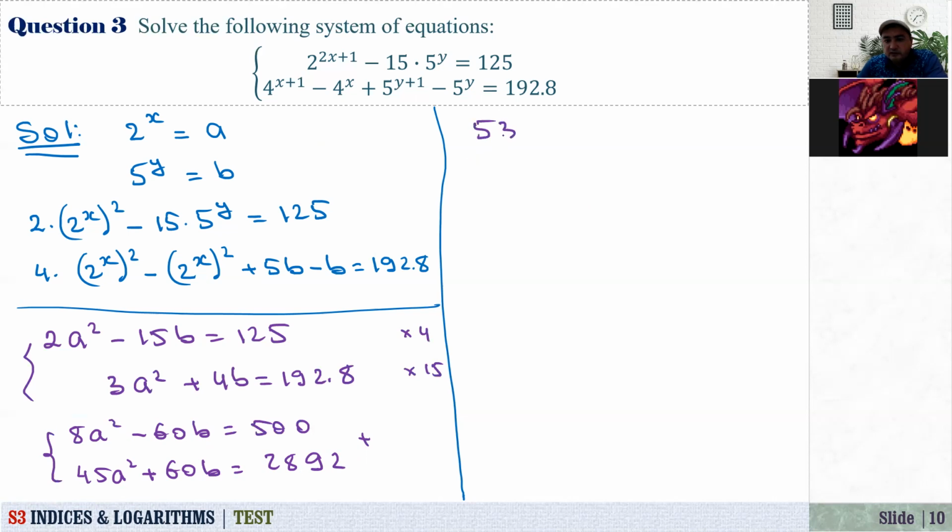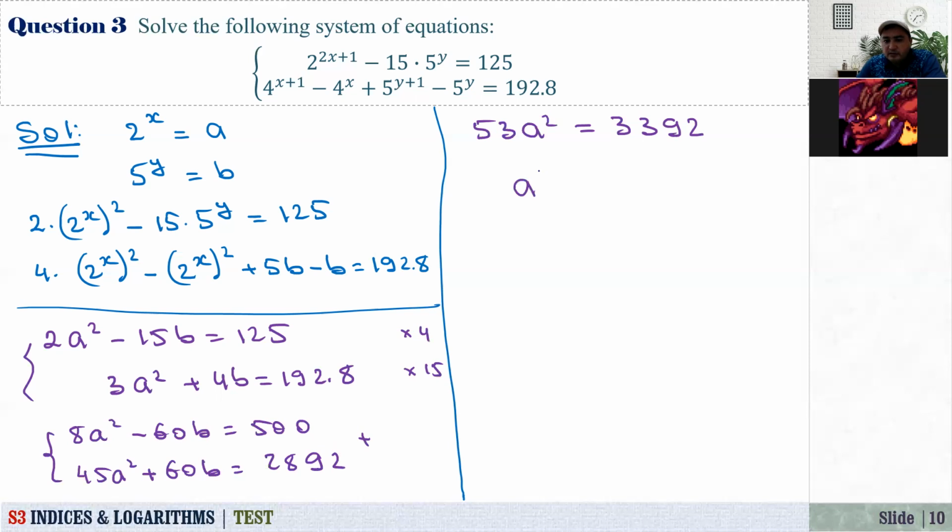So now if you just add these two equations together, 8 plus 45, that is 53. So here we have 53a squared minus 60b plus 60b, that's equal to 0. And 500 plus 2892 is equal to, what is it? 3392.